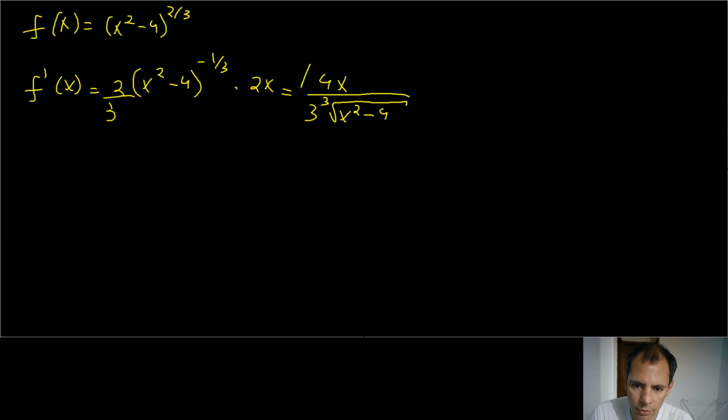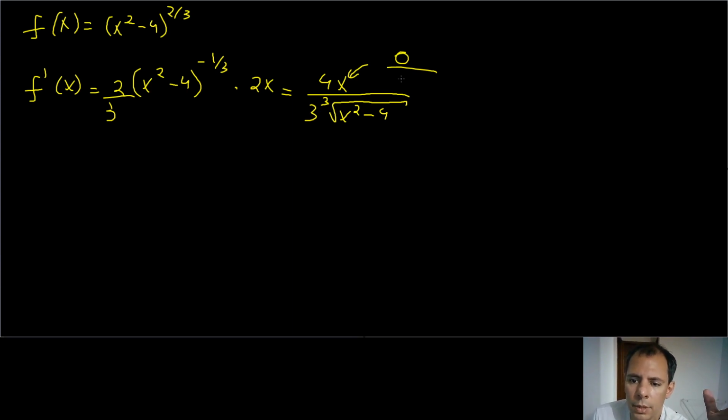So thinking about this formula here, when is this going to be 0? This is going to be 0 when this x in here is 0, because then you have 0 divided by 0 squared, 0, and then you have a cubic root of minus 4, and it's okay to have a cubic root of a negative number, so it'll be something non-zero, multiplied by 3 is going to be something non-zero.